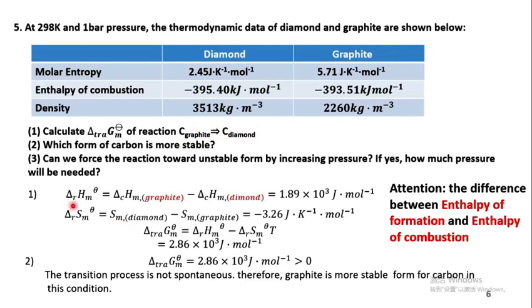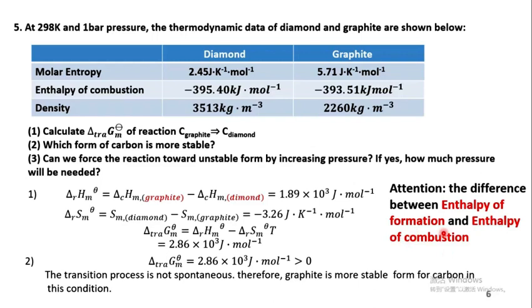So first we calculate the delta H of this reaction. Delta H equals the enthalpy of the combustion of the graphite minus the enthalpy of the combustion of the diamond. For this one, you have to pay attention to the difference between the enthalpy of formation and the enthalpy of combustion.